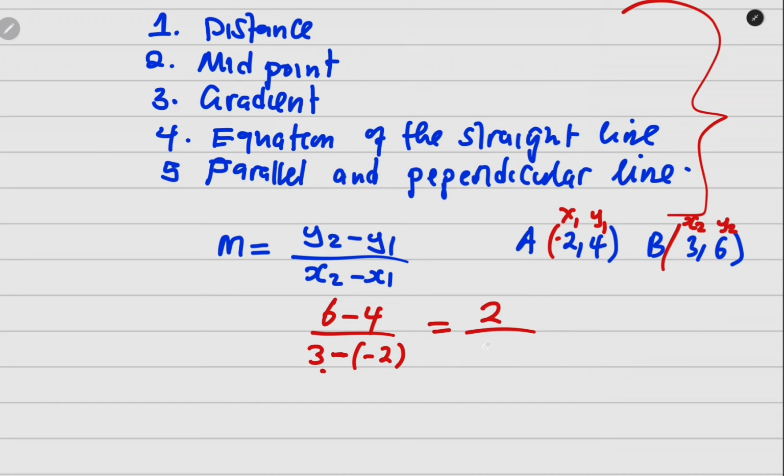So this one was going to be positive 5, and therefore the gradient was going to be 2 over 5. I guess you get the difference. So if it comes with a negative, just know that from the formula also you have the negative. So don't put a number omitting the sign, the negative. You have to fix it so that at least you can work out things. I guess you've gotten that part.